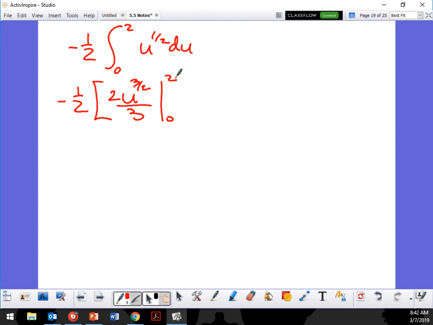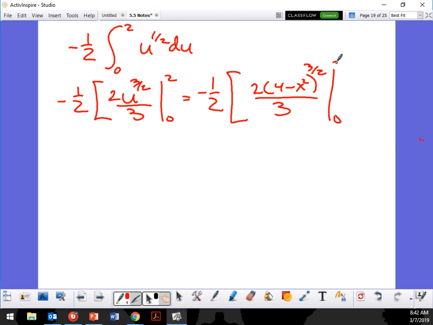Put my u back in, so negative 1/2, and so that's going to be 2 parentheses 4 minus x squared, right? Yeah, 4 minus x squared. Okay. To the 3/2 over 3 from 0 to 2. That's a lot more complicated. Yeah, more complicated, but I'm showing you that it still works. So now let's see. My top bound is going to be 4 minus 4, which is 0 to the power, so it's going to be 0.